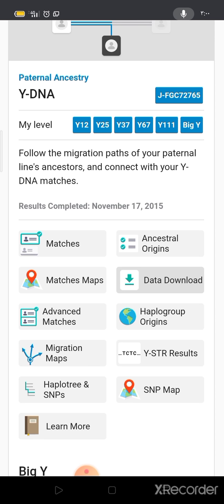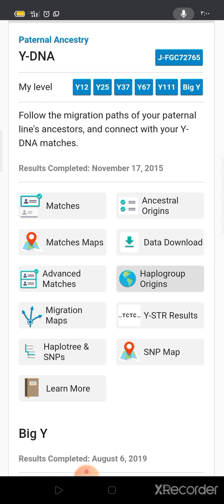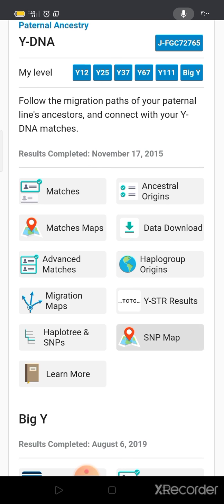According to the level, if the STR test uses more markers, increasing the number of markers, that means it is more precise in determining the line.